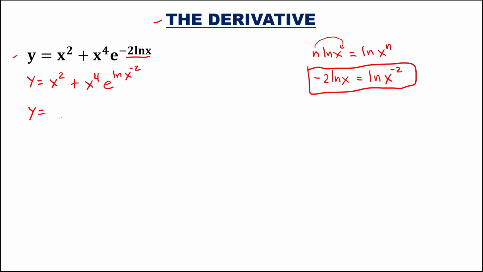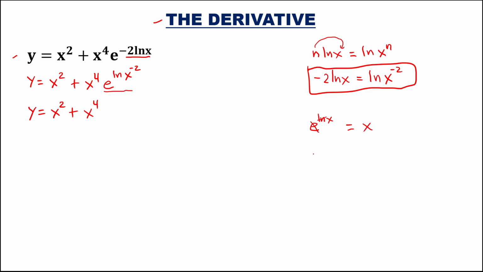So we have y equals x to the power 2 plus x to the power 4. Using the property of an exponential function, e to the power ln x, we can cancel e and ln, so this is equal to x.